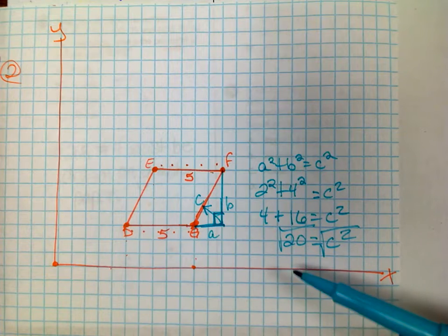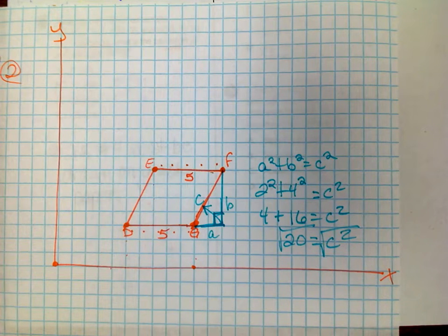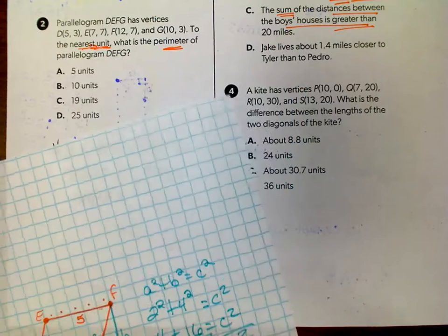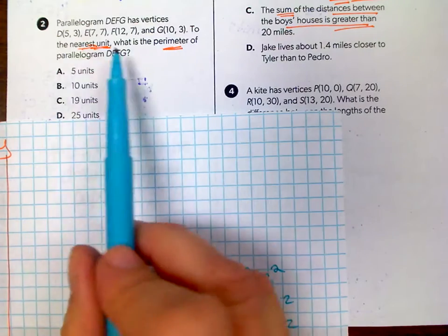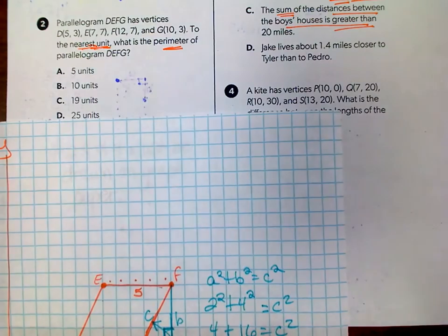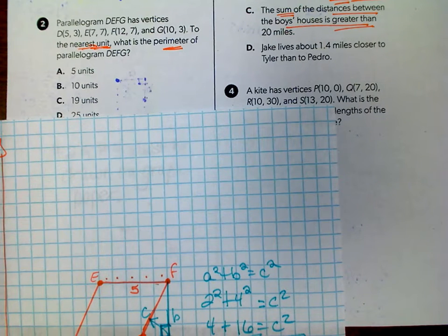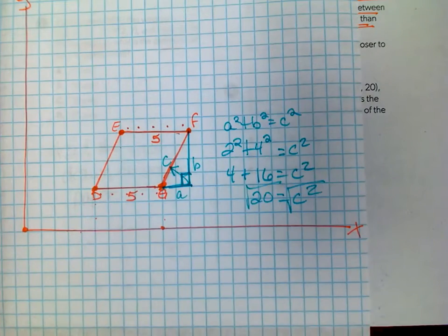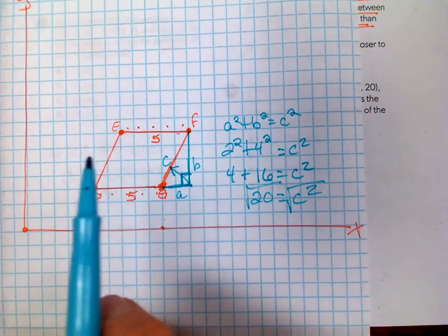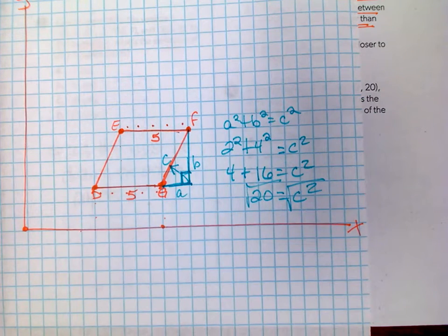You need to round that to 4.5 because it says about. It says to the nearest unit, but it's really, just trust me, keep it at 4.5. So 5 plus 5 plus 4.5 plus 4.5, and you'll have your answer.